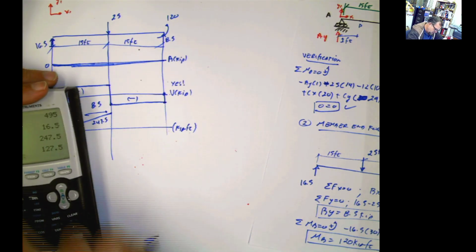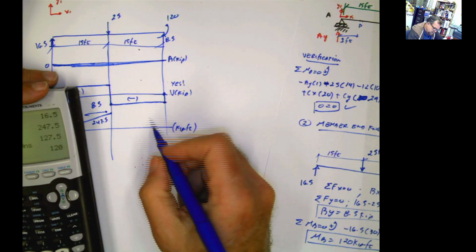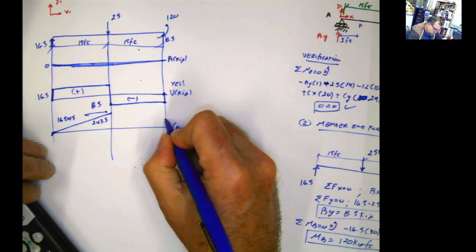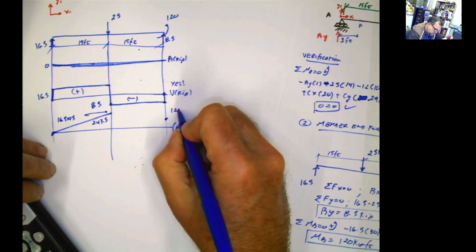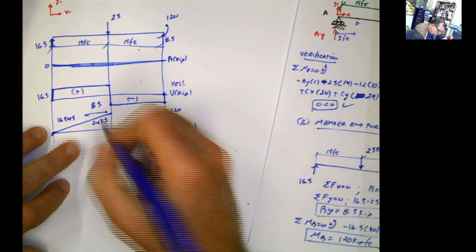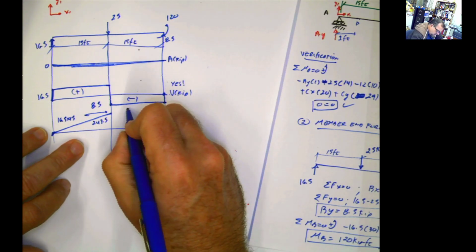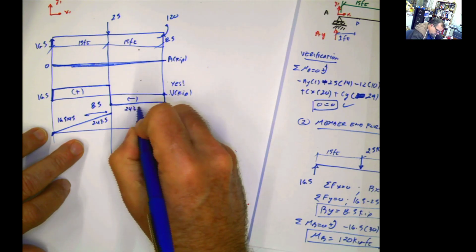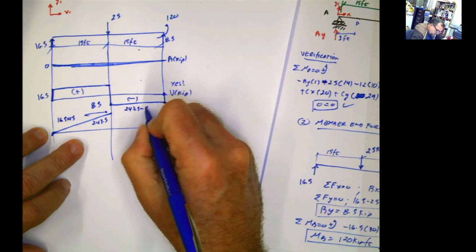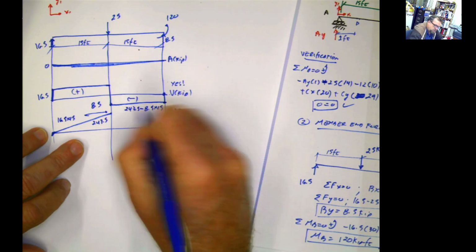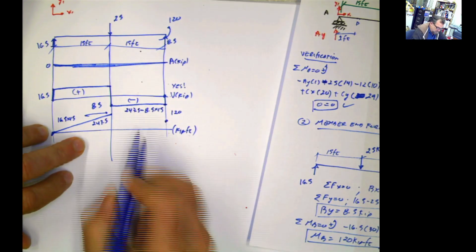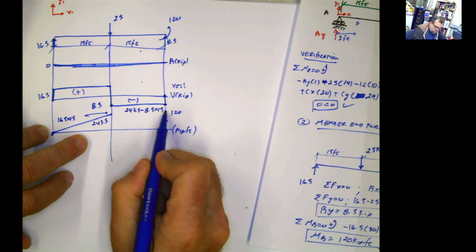I'm going to subtract this area because this area is negative, and I'm gonna reach out here to 120. Now I'm gonna put it somewhere here. 247.5 minus this area, which is 8.5 times 15, just for you to review it when you need to review it. And then you reach 120.